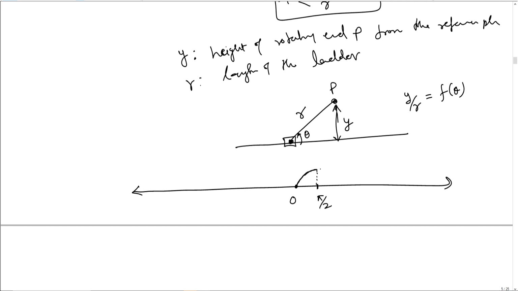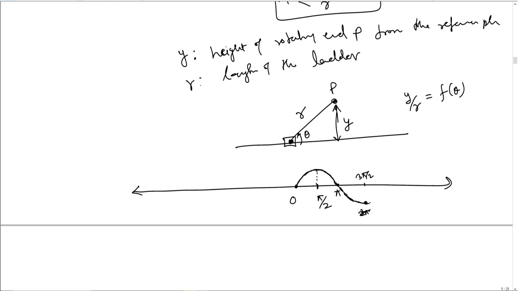So, it becomes maximum at pi by 2 and then it starts decreasing, such that it decreases rapidly near pi. At pi it becomes 0, and after pi it decreases even further, and the rate of decrease becomes almost constant at 3 pi by 2.